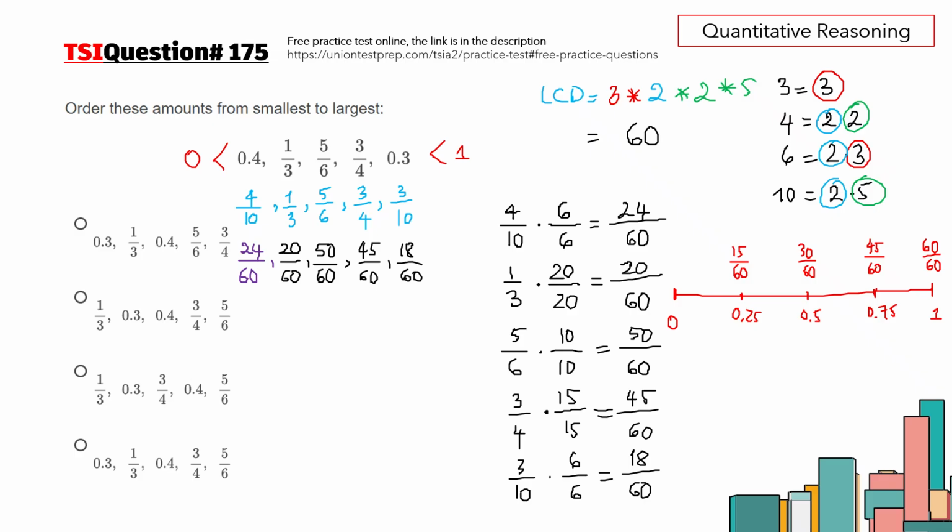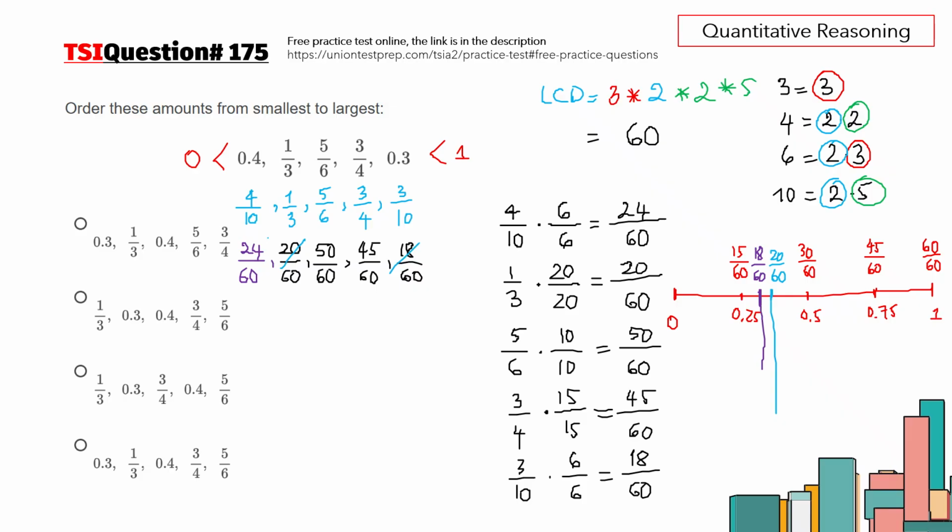Now we just find the positions. We have 18 out of 60, and 18 is above 15, so 18 out of 60 is the smallest number right here. Then we have 20 out of 60, right here. It's above 18 and less than 30.